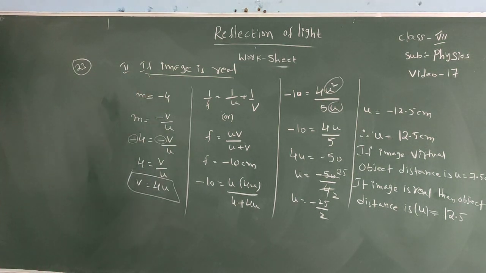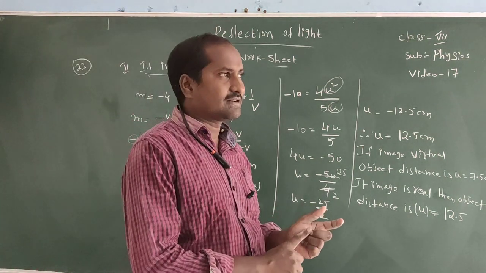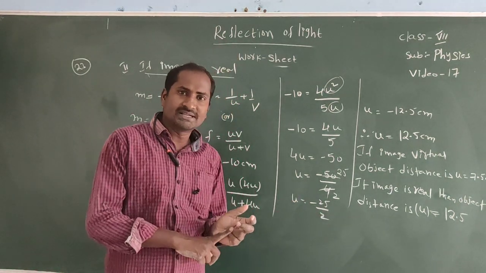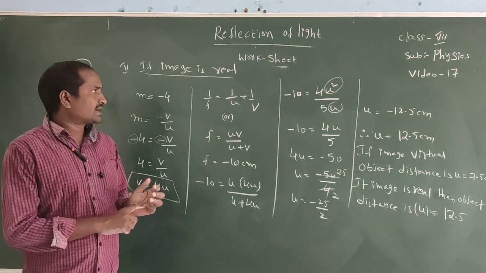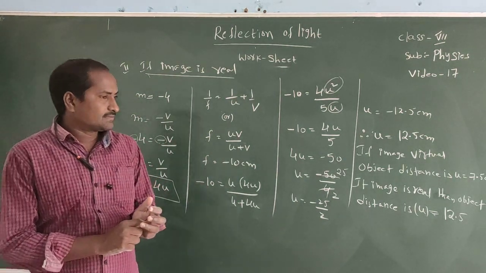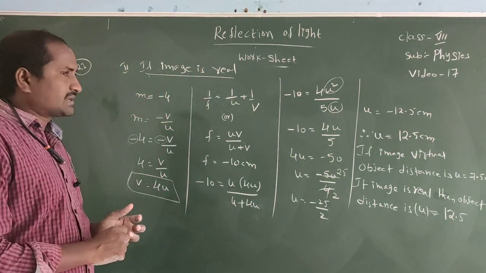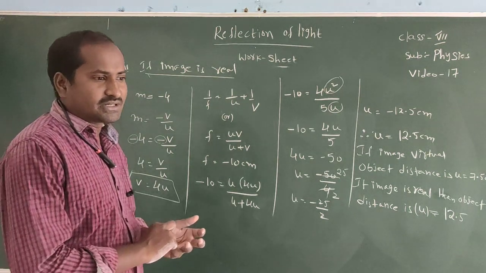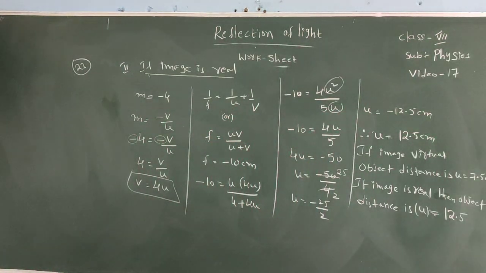For a concave mirror, U, V, F (object distance, image distance and focal length) are negative from the sign convention. Next, for a convex mirror only object distance is negative, and the remaining, focal length and image distance, are positive.